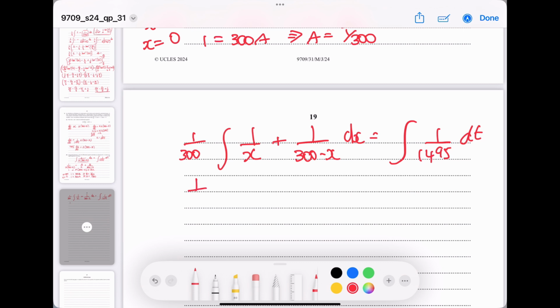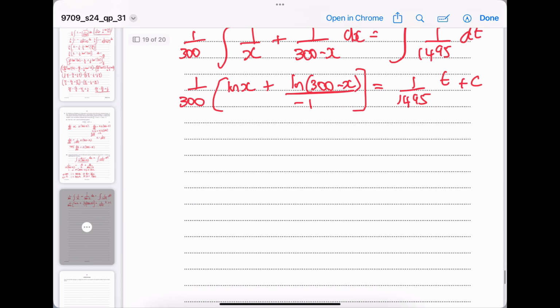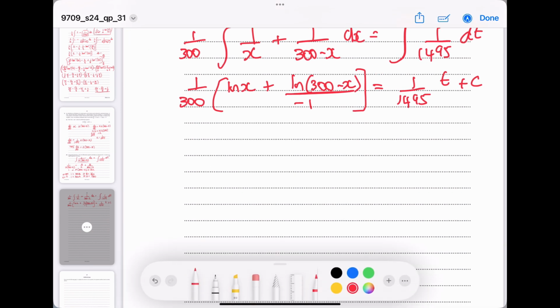So I've got 1 over 300, so let's integrate. So 1 over x, that would be ln x. And then this is going to be plus ln (300 minus x) divided by minus 1. And this is going to be equal to 1 over 1495 t plus c. So I'm going to bring the 1495 over to here.